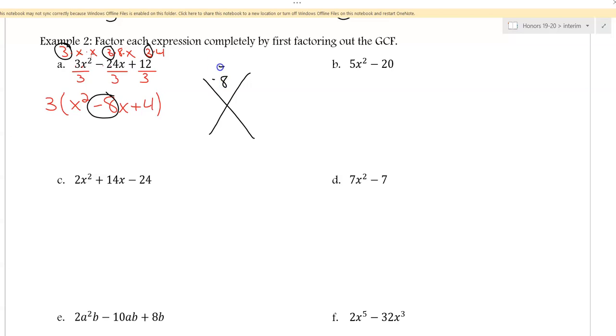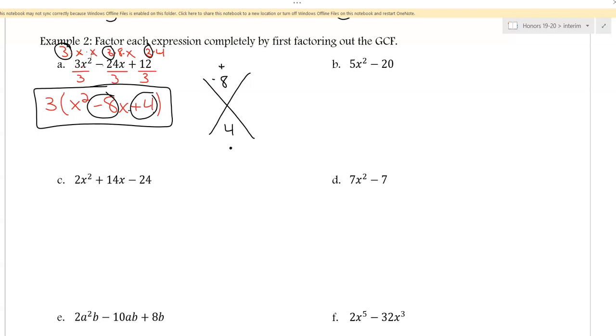Now we're doing exactly what we did yesterday. And there's not anything. 1 and 4 and 2 and 2, none of that is going to multiply and add to these numbers. So then technically we're done, and we call this a prime factor. It doesn't break down anymore, okay? I probably won't give any to you like that, that don't factor, but this one didn't.